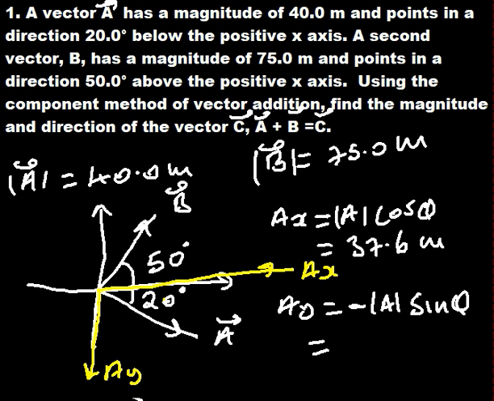So we have negative 40 times the sine of angle 20. That will be given as negative 13.7 meters. So that is the y component of vector A.